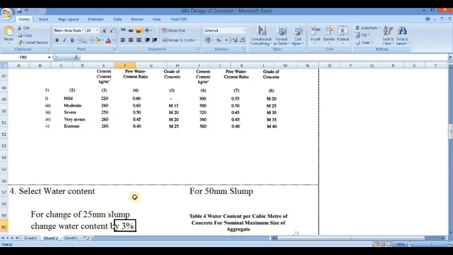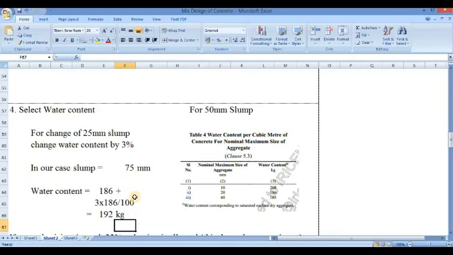Now your task is to find the water content, how much water you need for producing this special concrete. Again, for selecting the water content you have to rely on the maximum size of your aggregate. So you can see how important the coarse aggregate especially is.